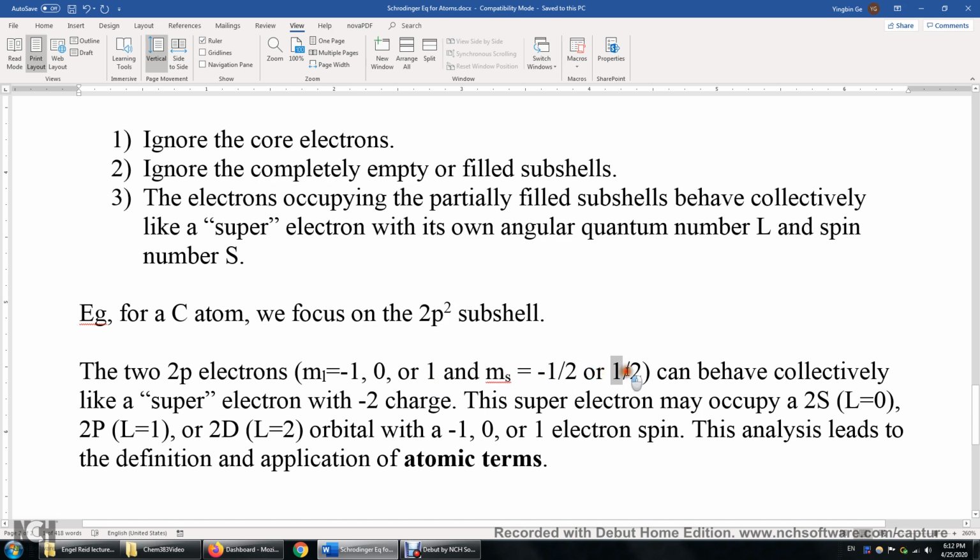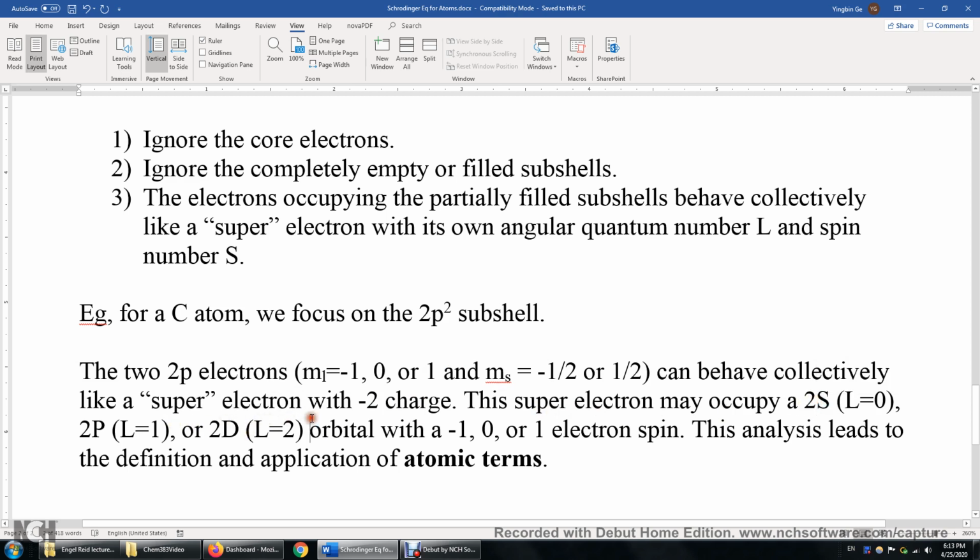It can spin up, it can spin down. So together, we treat these 2 electrons collectively. We view these 2 electrons as a super electron with a -2 charge. This super electron may occupy actually an s orbital, p orbital, or a d orbital.